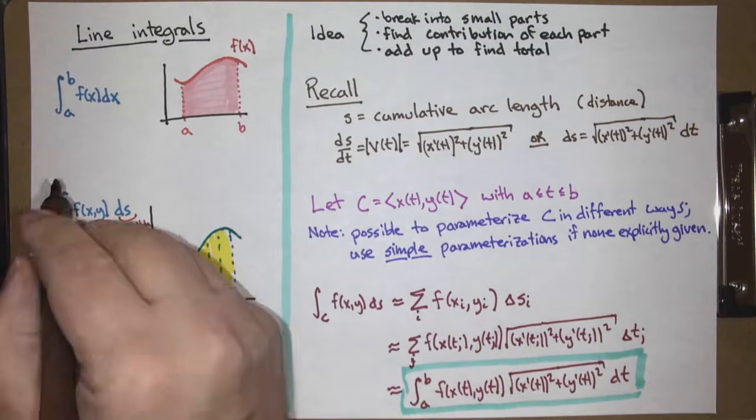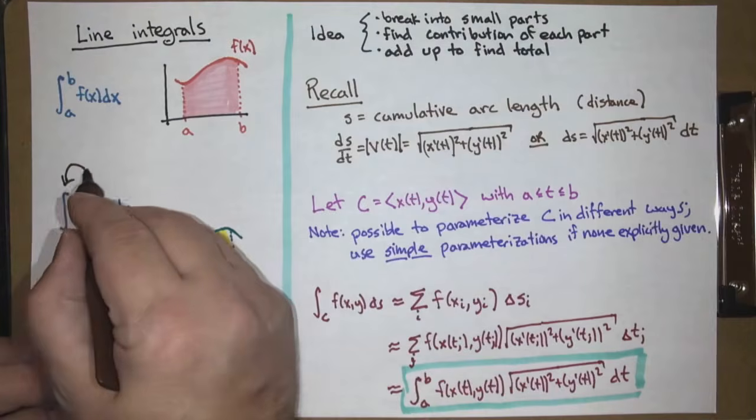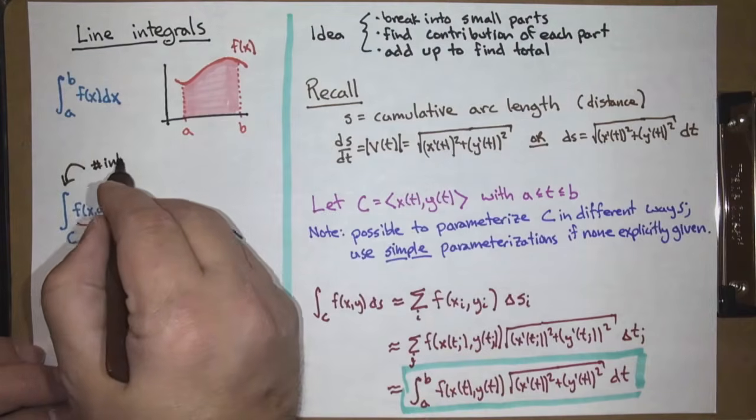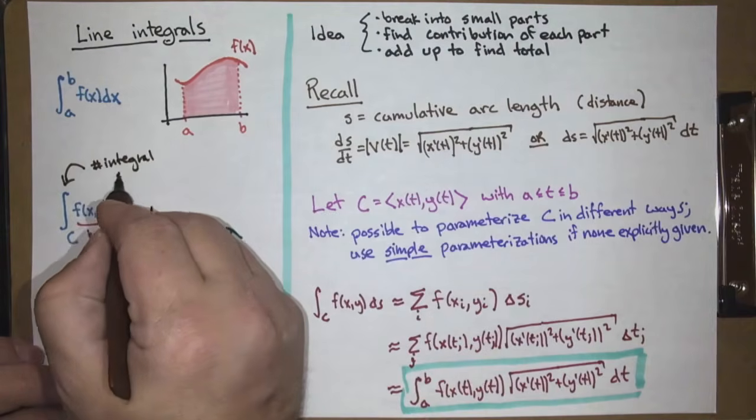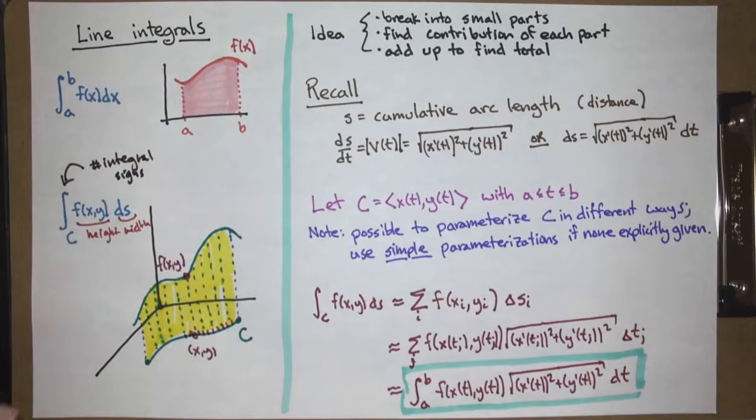One big thing you should pick up on is the number of integral signs. So that's telling you the dimension of what you're looking at. So if you see 1 integral sign, it says, oh, it's like a 1-dimensional integral. 2 integral signs means it's a 2-dimensional integral. 3 integral signs means it's a 3-dimensional integral. 4 integral signs means you're in the wrong class.